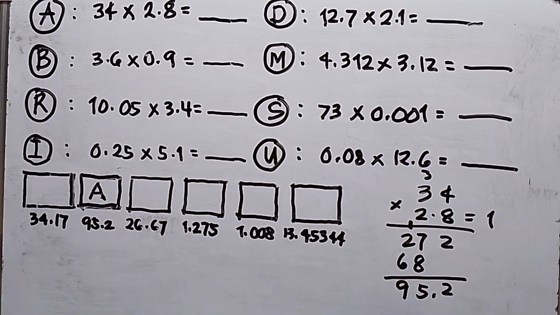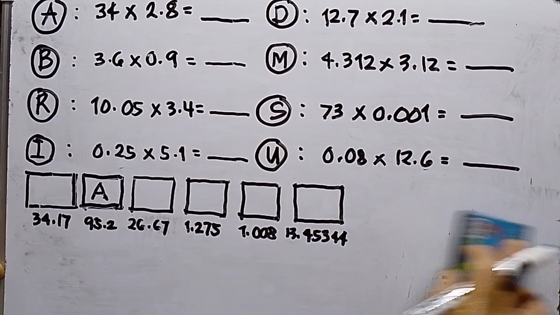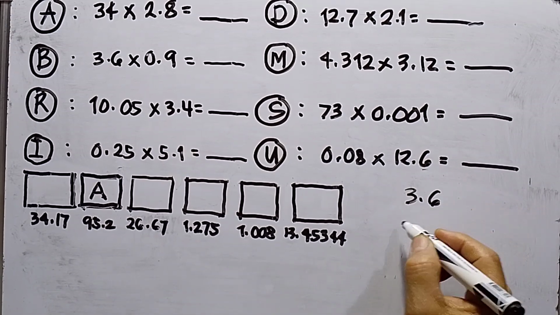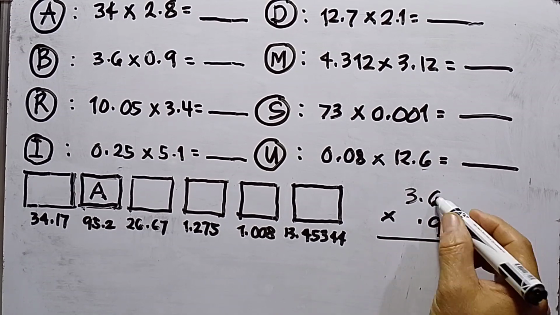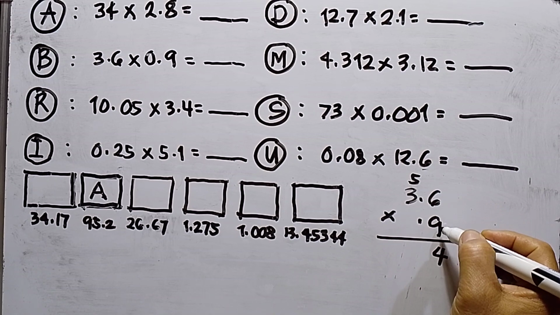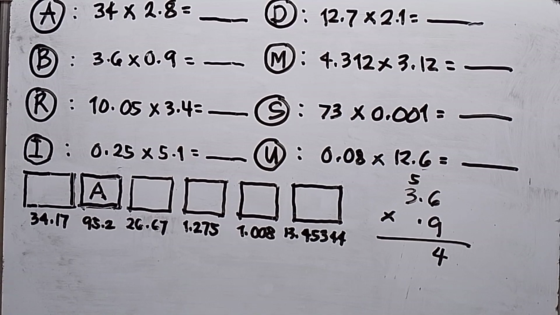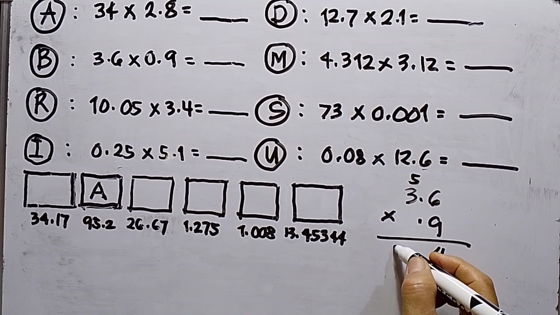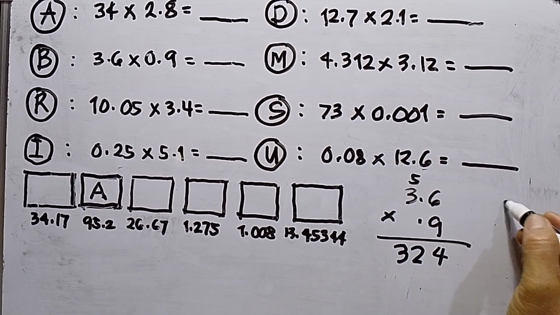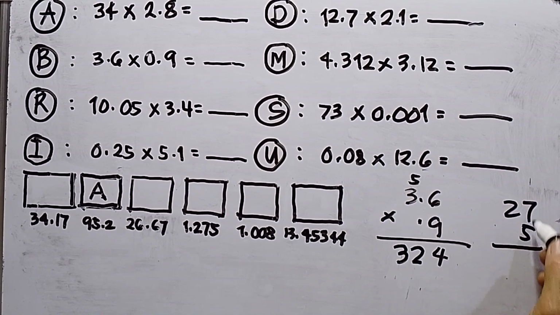Okay? So next, let's find out if there's letter B in the boxes. So this is 3.6 times 0.9. 6 times 9 is 54. Carry 5. 3 times 9 is 27. 27 plus 5 is 32. 32, right?